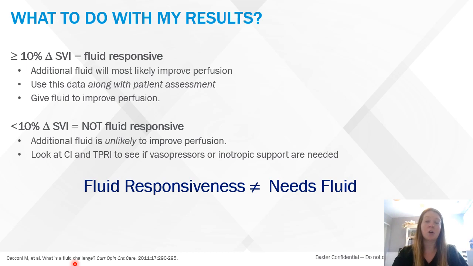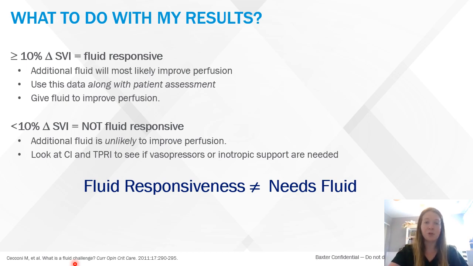This is talking about cardiac perfusion, cardiac function, and can the patient's heart push that fluid forward in the correct direction to supply the organs with nutrients and oxygen. So you can have someone who is intravascularly dry who may need fluids but not be fluid responsive, meaning their heart can't tolerate those fluids.